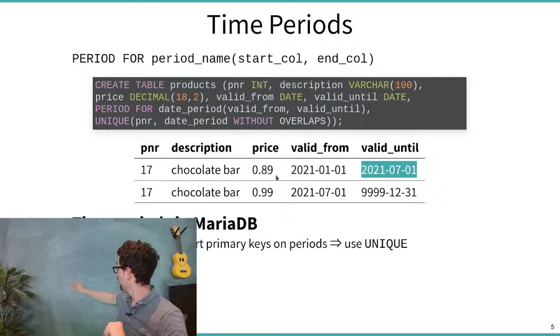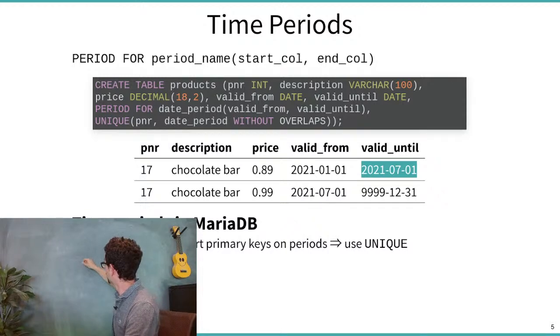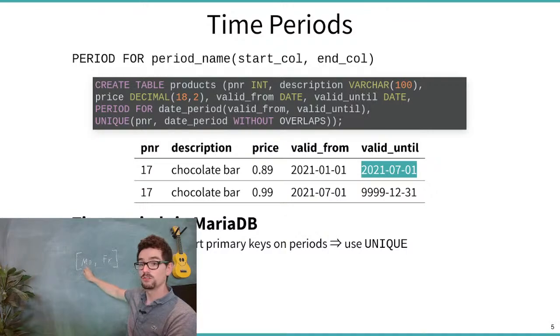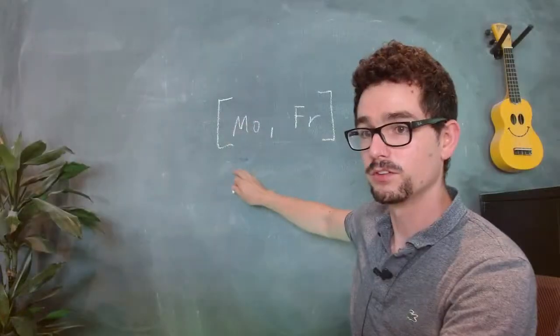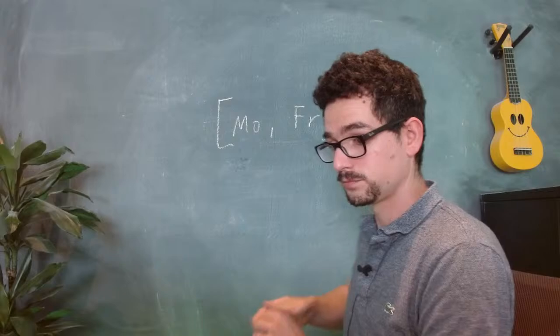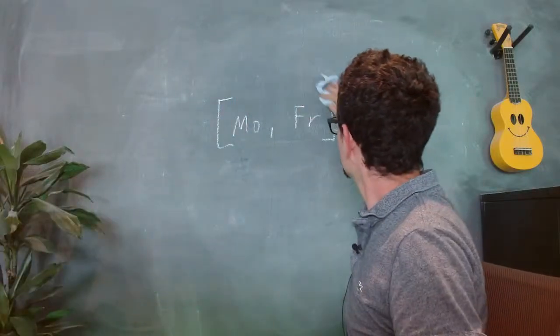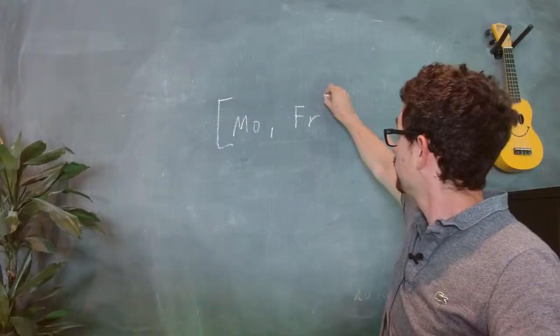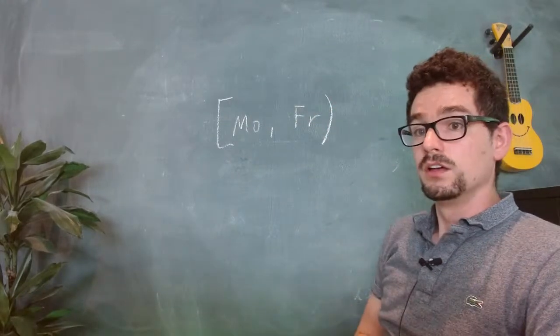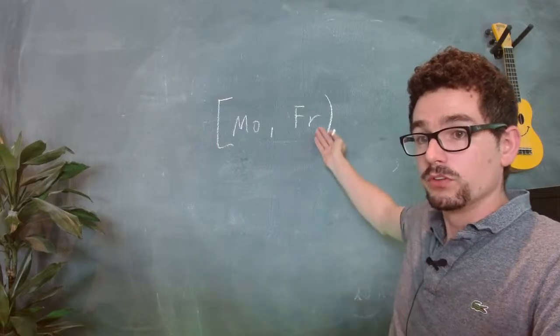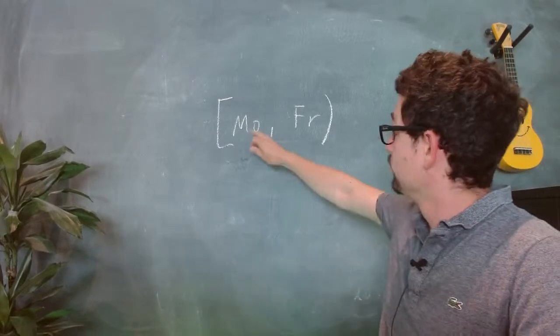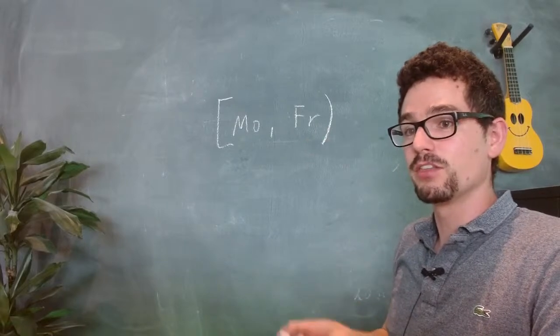So when you write Monday to Friday, you can write it like this. Then it's Monday, Tuesday, Wednesday, Thursday, Friday. But here we use it how the SQL standard defines it. Friday is not included, so it's an open interval. So this is basically Monday, Tuesday, Wednesday, Thursday.